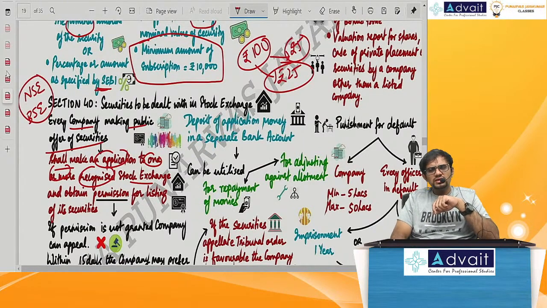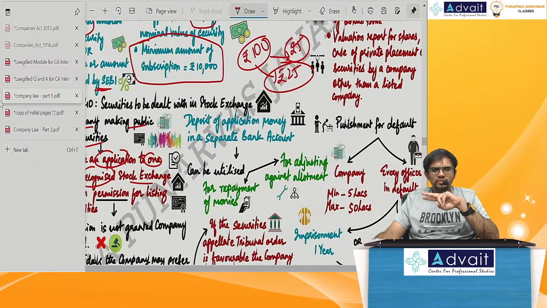There were many other stock exchanges before. All those stock exchanges got diluted, got closed down after the concept of corporatization and demutualization, which was introduced in the early 2000s, right? So that is what everything changed now. Now we have only 2: National Stock Exchange, Bombay Stock Exchange.